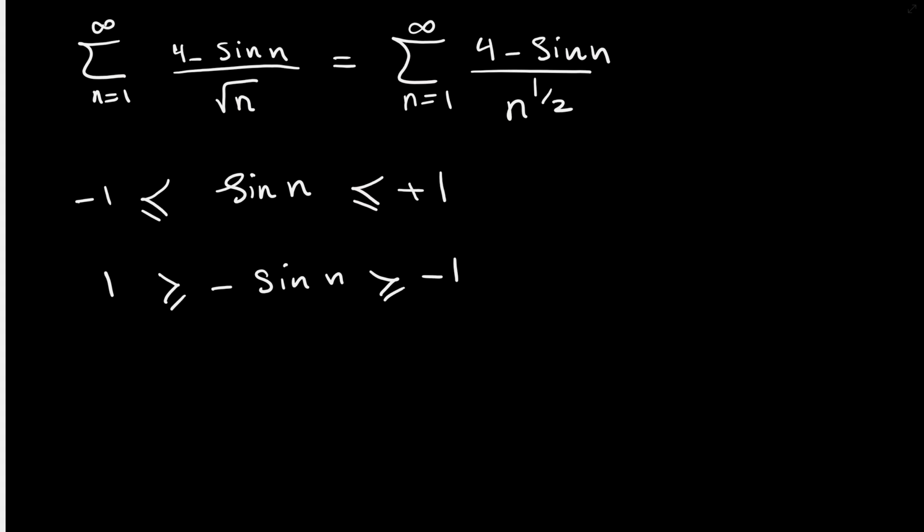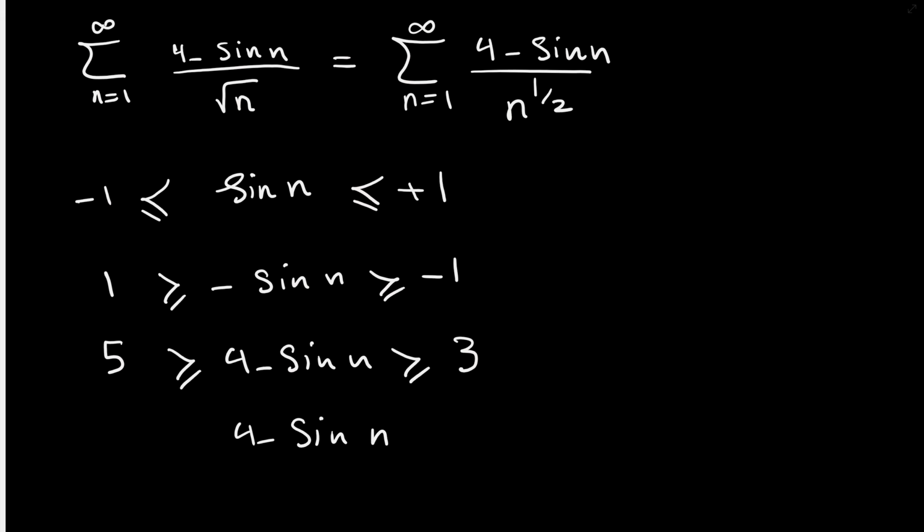It is obvious. Now we add 4 to all sides of the inequality. So we have 5, 4 minus sine of n, and -1 plus 4, which is +3. So you see that 4 minus sine of n is between +3 and +5.